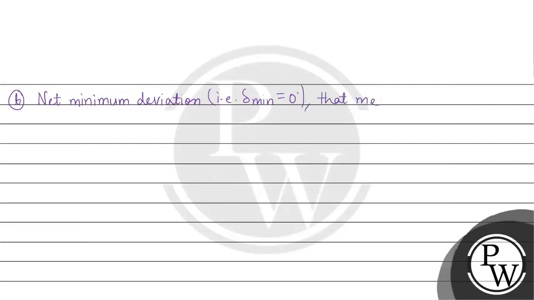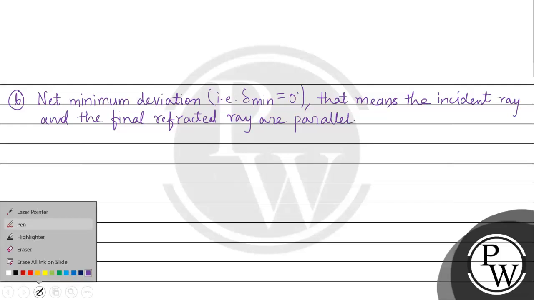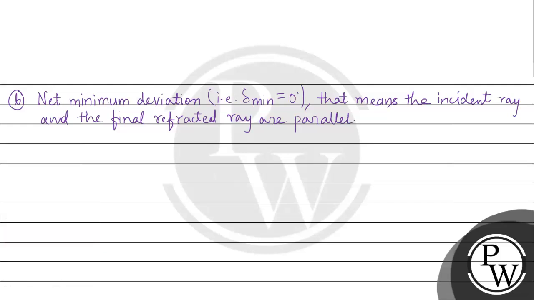That means the incident ray and the final refracted ray are parallel. So in this case, the prism will be drawn like this. The first prism was like this.